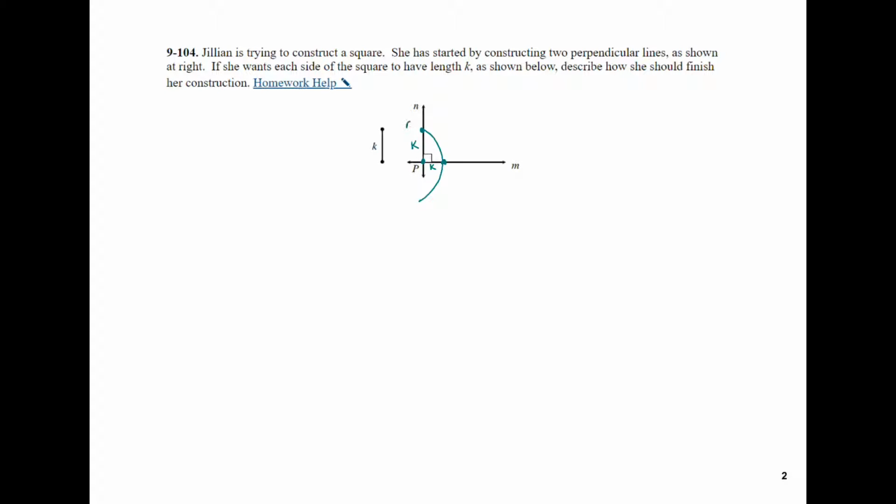These intersections we would call R and S. She should then construct 2 more circles with radius k centered at R. So she creates another circle at R and a circle at S, where those two circles intersect would create the fourth vertex, which in fact would create a square if I had a compass to use.